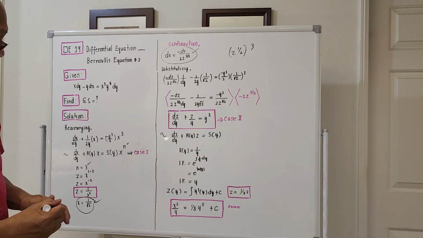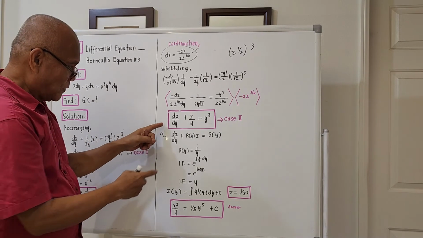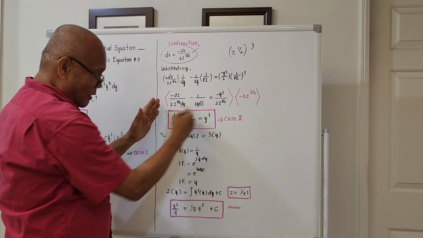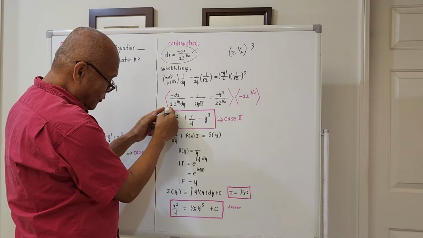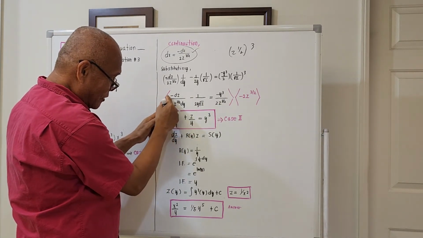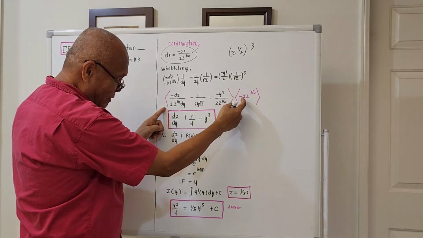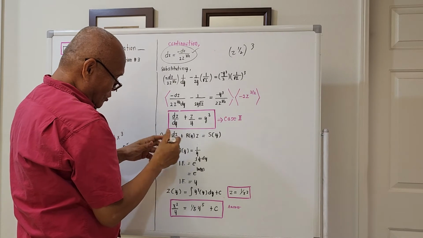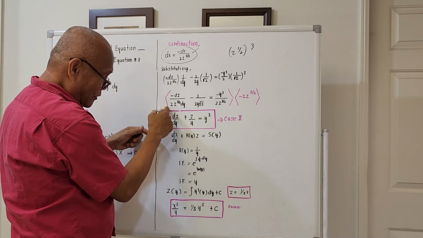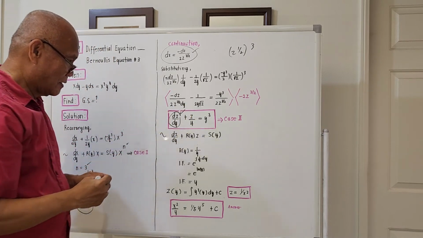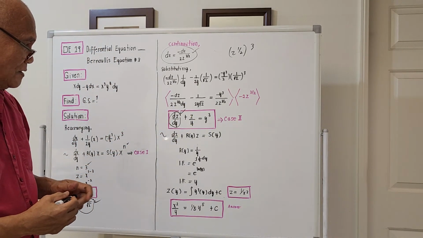Okay? And to make the first term simply dz over dy, we multiply all the terms by the reciprocal of this. There's a negative, it should be plus, so we place a minus here. Minus 2z to the 3 halves. So actually the first term times this, what will come out will just be simply dz over dy. Okay?